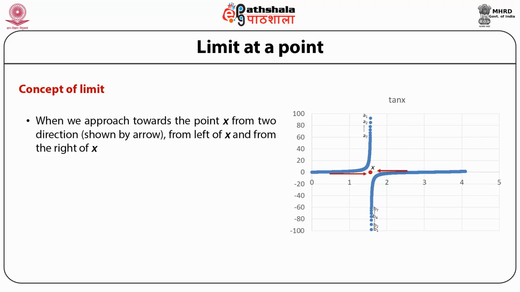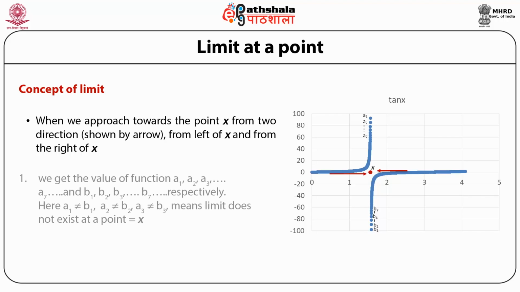When you are approaching from the left hand side, you see the curve going upwards, a7, a2, a1, so those are the points. When you approach tan x from the right side, you see it going to the bottom, b7, b4, b2, b1. X here is pi by 2.